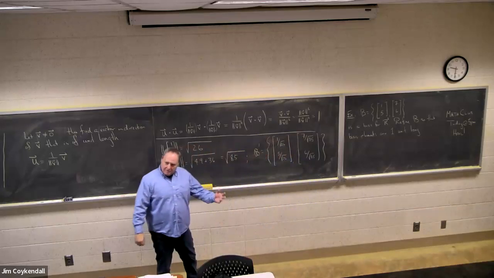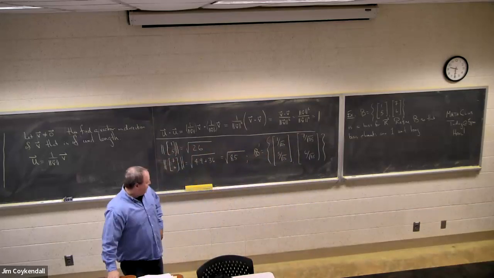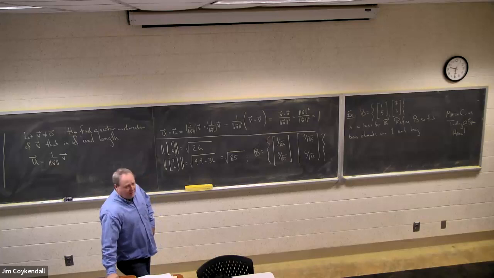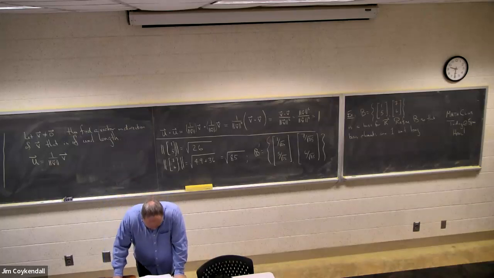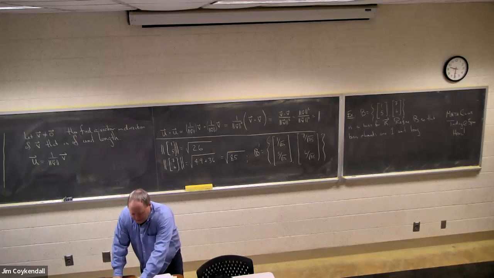And there you go. We've got an improved basis, if you will. Same direction as the original, but now both of those vectors have length 1. Okay, any questions? All right.